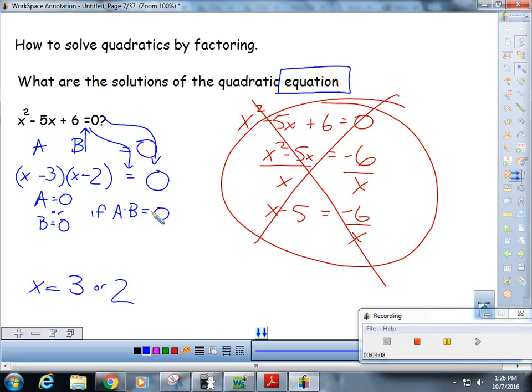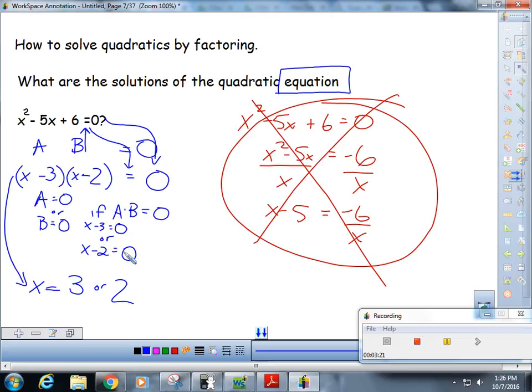Do you follow that? So then what we are actually doing to get from this step to this step is we are solving the equation x minus 3 equals 0 or x minus 2 equals 0. And when you solve those, you get x equals 3 or 2.